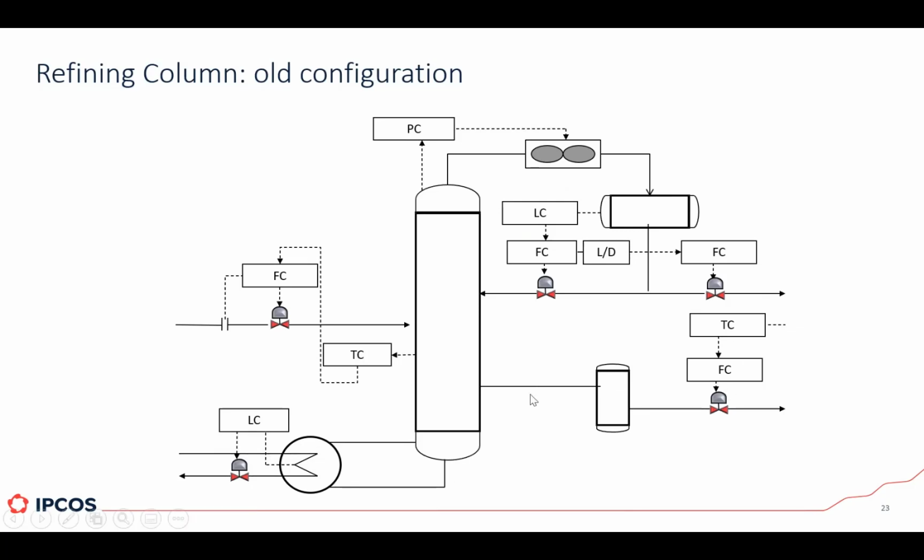As well, the side product flow was associated to some temperature controller in a downstream column, which was not really that sensitive to the amount of impurities. So it was not easy to control.